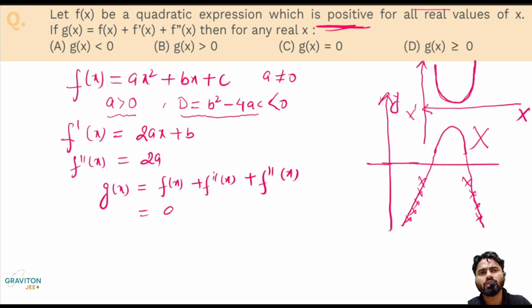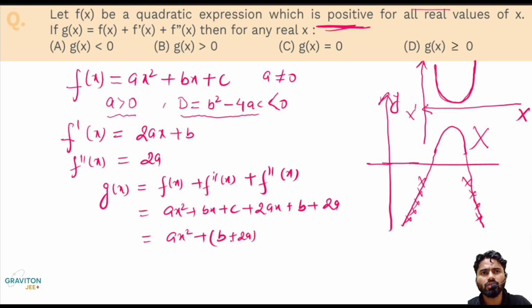So here you will get ax square plus bx plus c plus 2ax plus b plus 2a. So this will become ax square plus (b plus 2a) into x plus (b plus 2a plus c). So your g(x) function will be this.